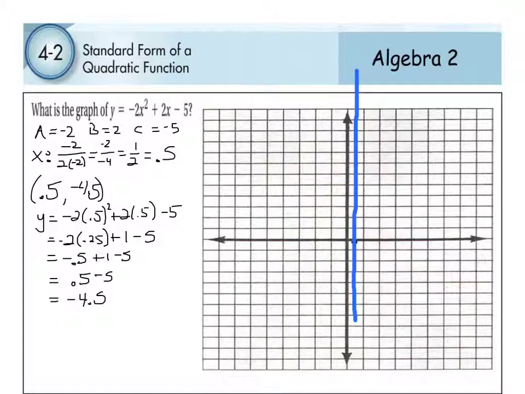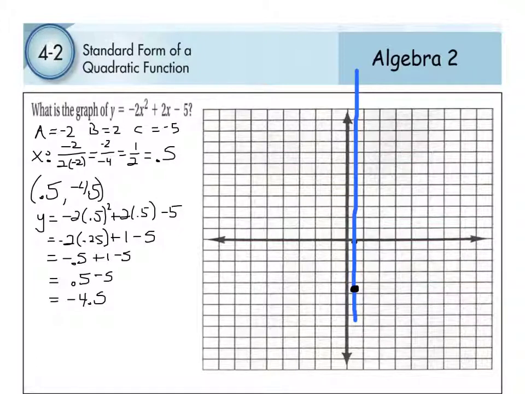Okay, so as I look at this graph, you'll notice the blue line that's already up there. I'm going to plot my vertex. Right 1/2, down 4.5, which happens to be right in here.